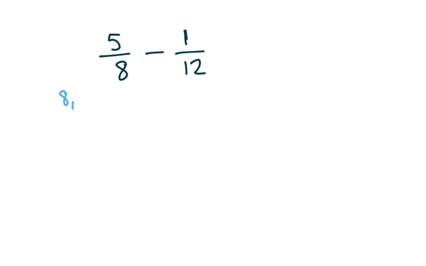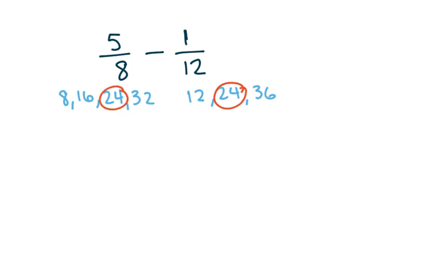I would say 8, 16, 24, 32, and I would do 12, 24, 36. And I can see in this example that my least common multiple would be 24. If I multiplied 8 times 12, that would give me 96, which is a much larger number, and we don't want to do that.